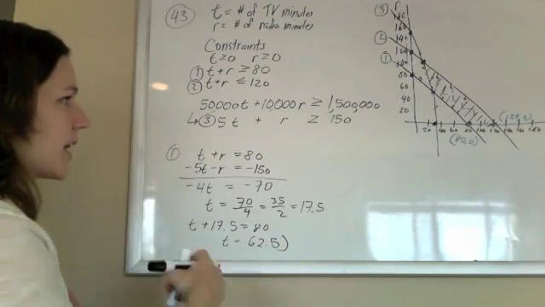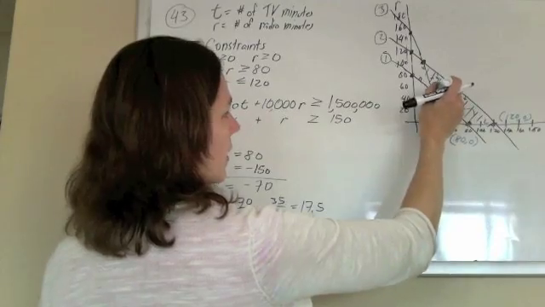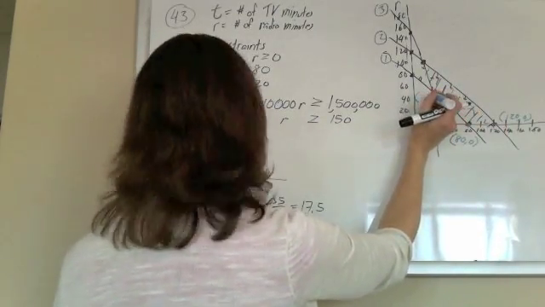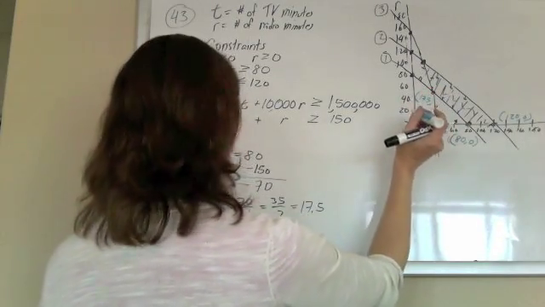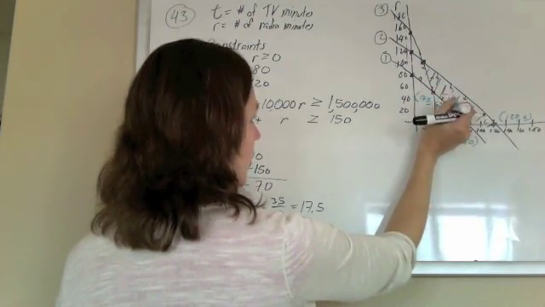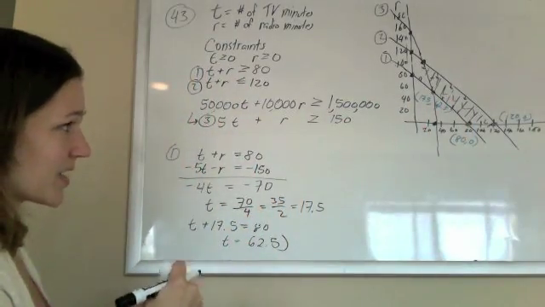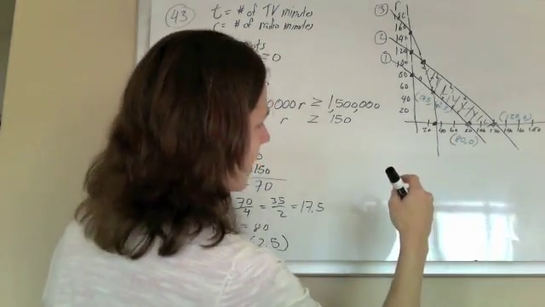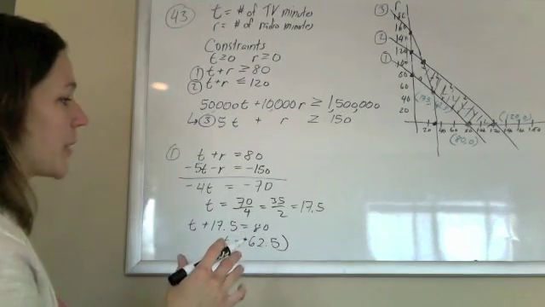So the intersection of 1 and 3 is 17.5 for the x and 62.5 for the y. You can tell my graph is a little bit off, but I didn't have a ruler, so hopefully yours is a little bit better.